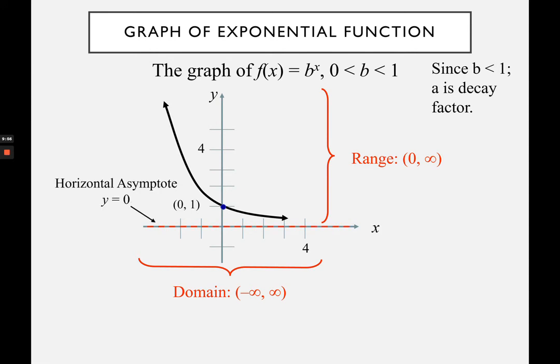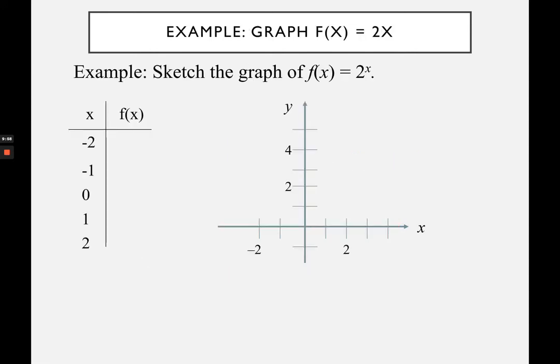Now, let's have another example. This time we have a specific example with a given base. This is supposed to be a power. Now, you have here the function f(x) = 2^x. Let's begin.